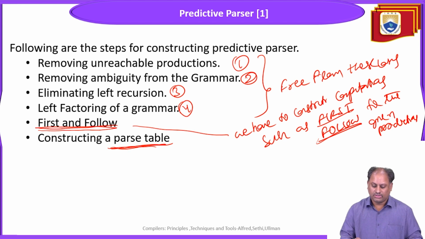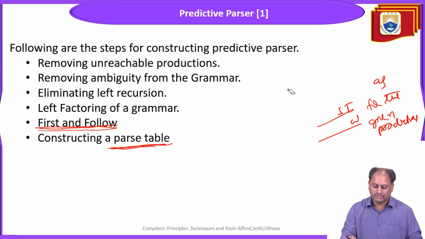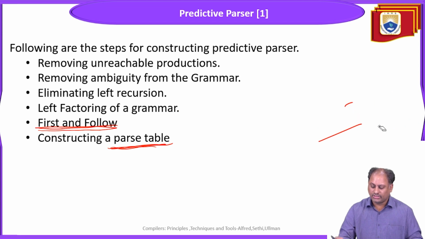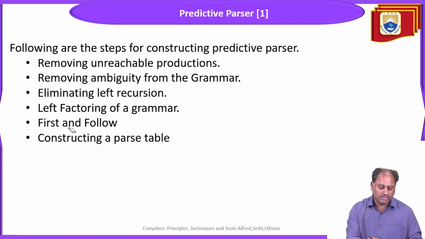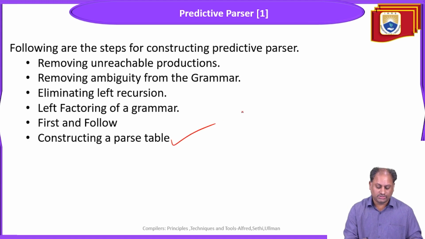So in this way, before building the parse table mechanism, the grammar has to be carefully checked for indirect left recursion, left factoring, and then ambiguity and unreachability. Those cases can be verified, and then finally we can say that the parse table exists.